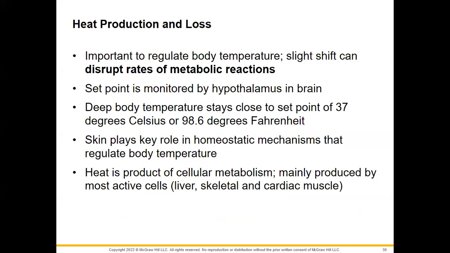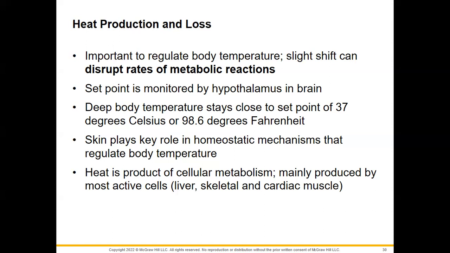The reason why it's important for the body to regulate the heat loss, whether the ambient temperature is hot or cold, is that your body wants to regulate how much heat it's losing, because a slight shift in temperature can change how your body metabolizes. We already know that as things get warmer, reactions tend to get faster.